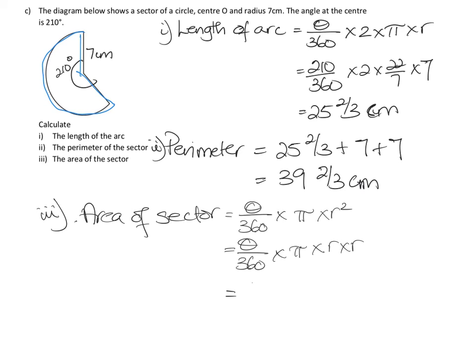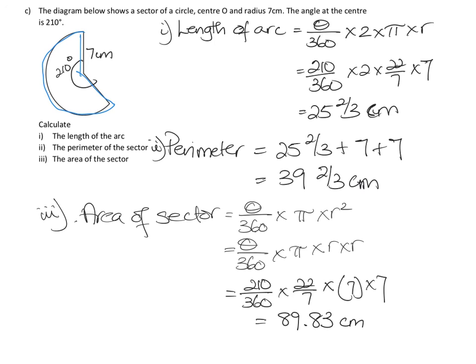So we will get 210 over 360 multiplied by 22 over 7 multiplied by 7 multiplied by 7. And that gives us 89.83 centimeters squared.